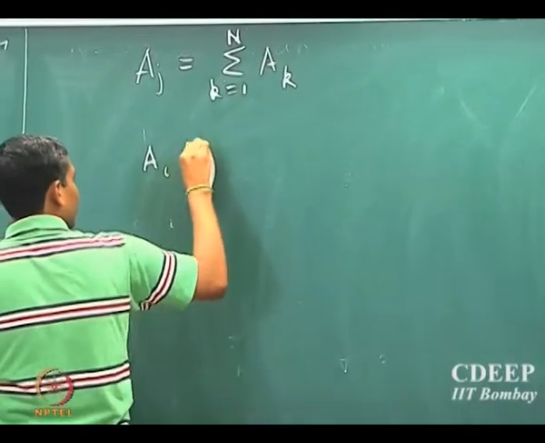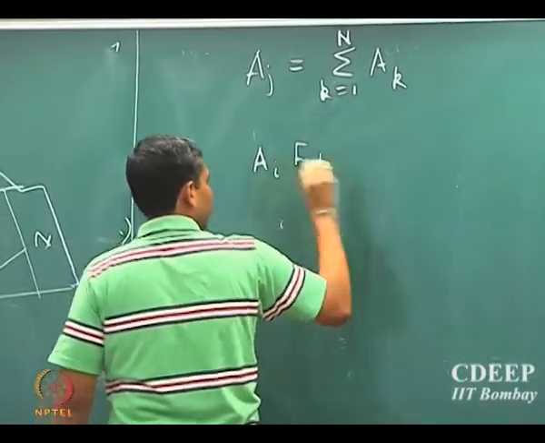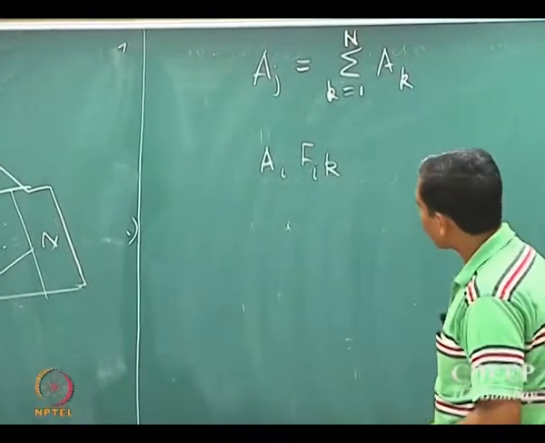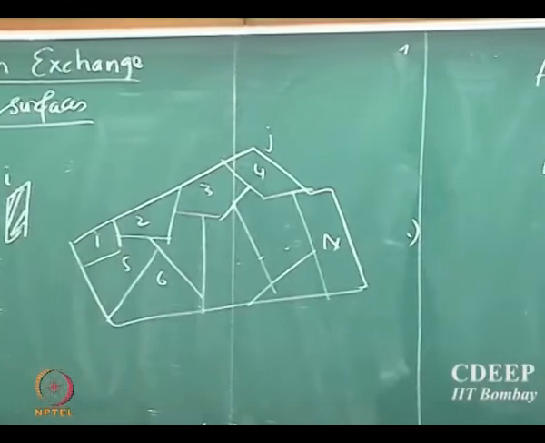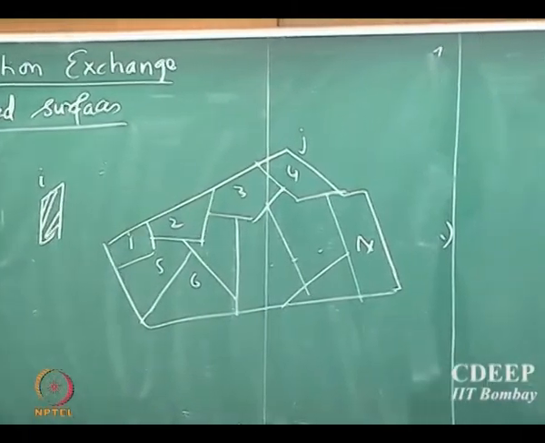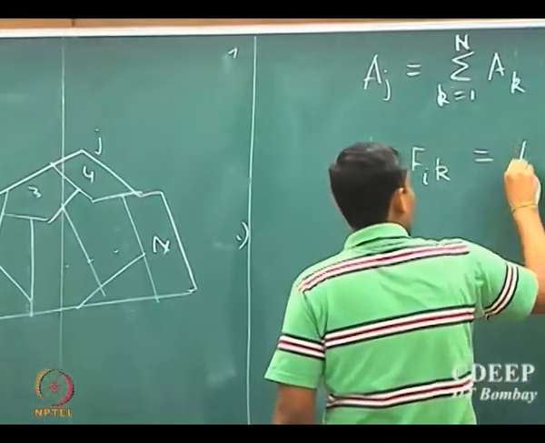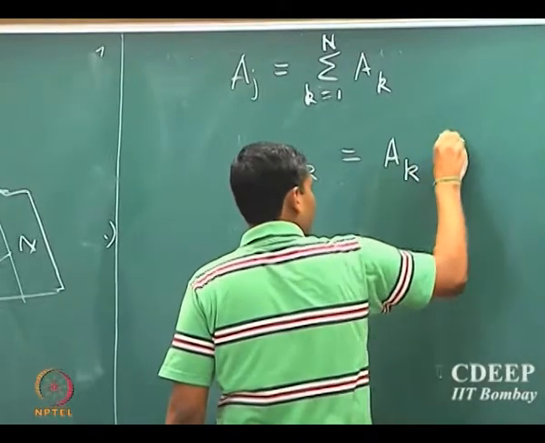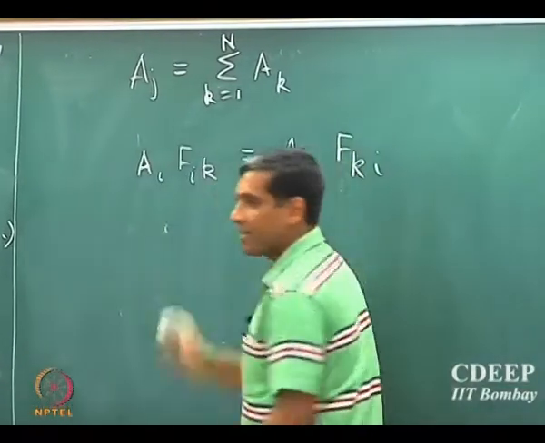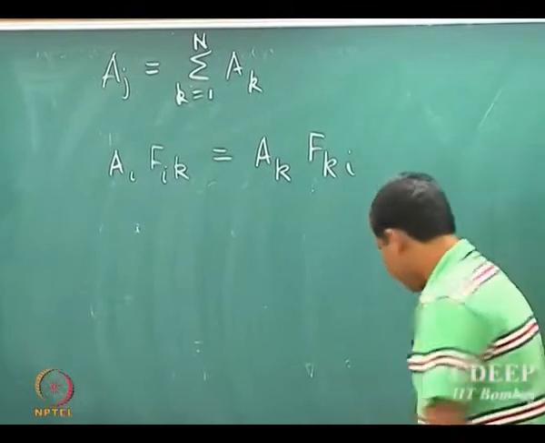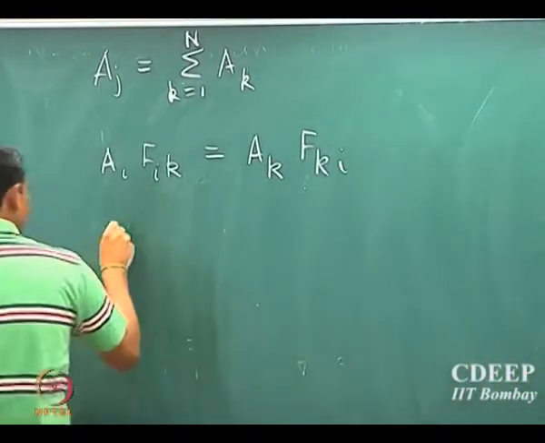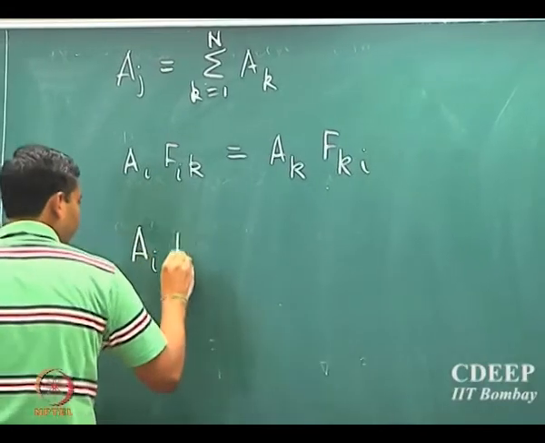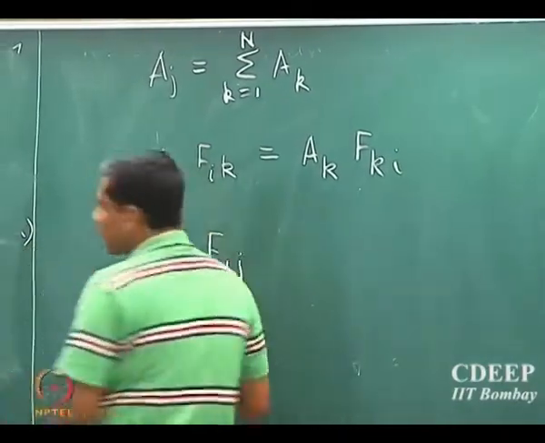Now, AI Fik. I want to calculate the view factor between I and any other surface k, and that's also equal to AK Fki by the reciprocity relationship. So now I want to find AI Fij.